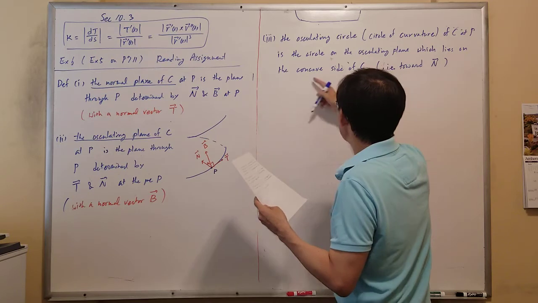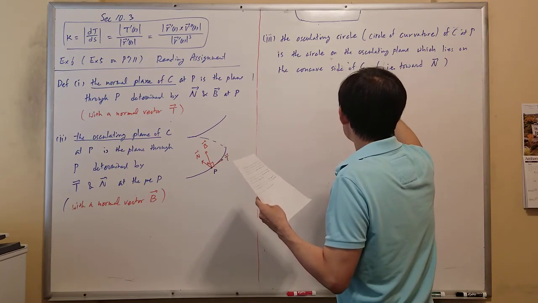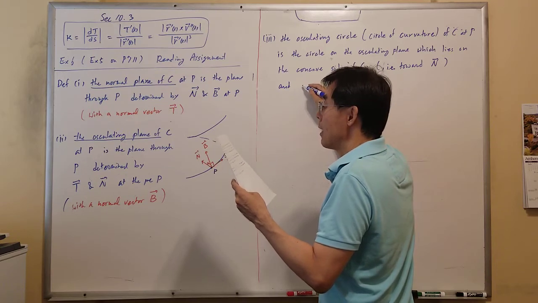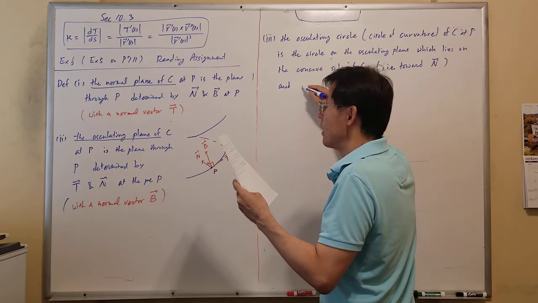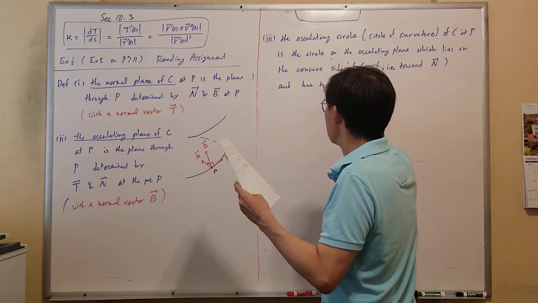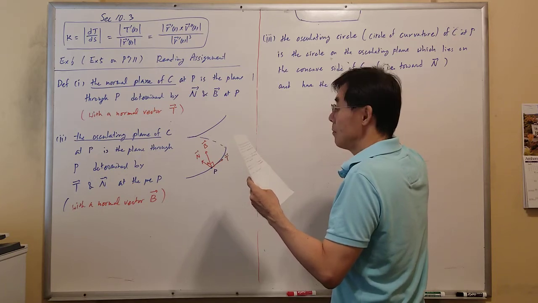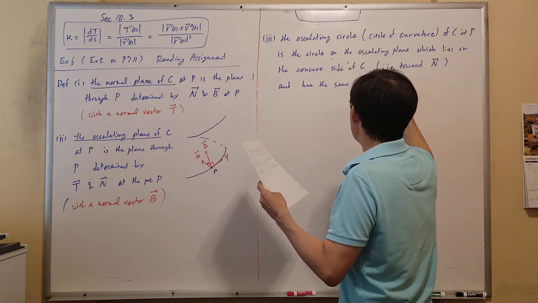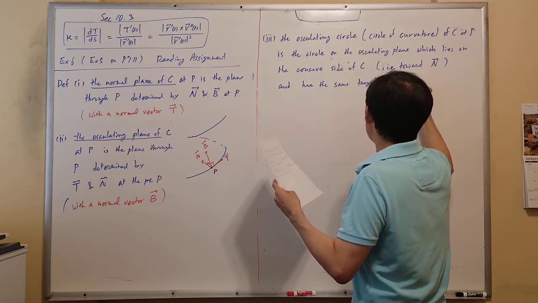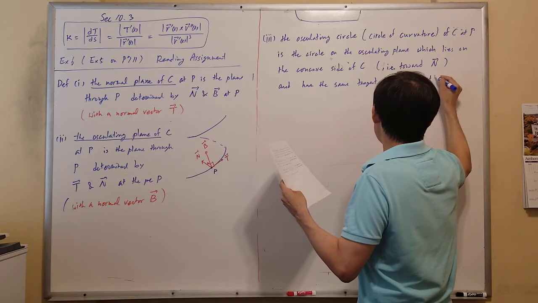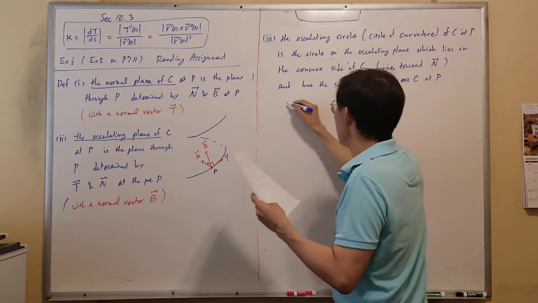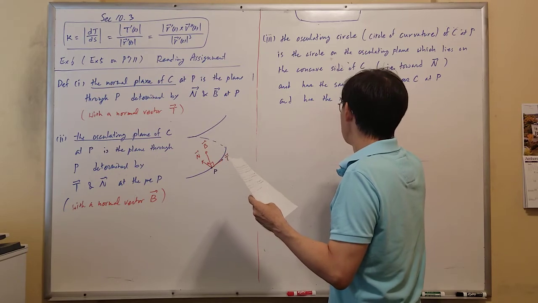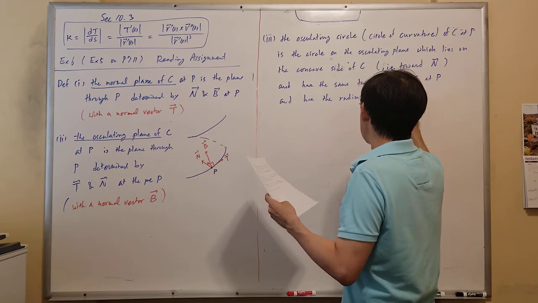Which lies on the concave side of C and has the same tangent line as C at P and has the radius rho equals 1 over kappa.